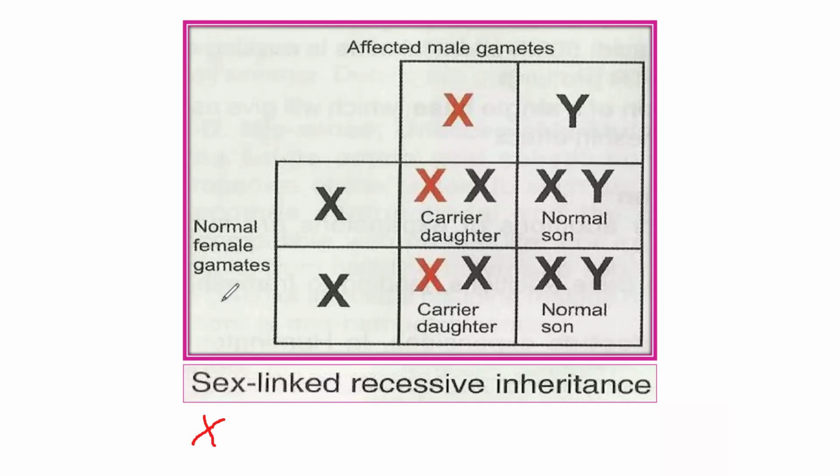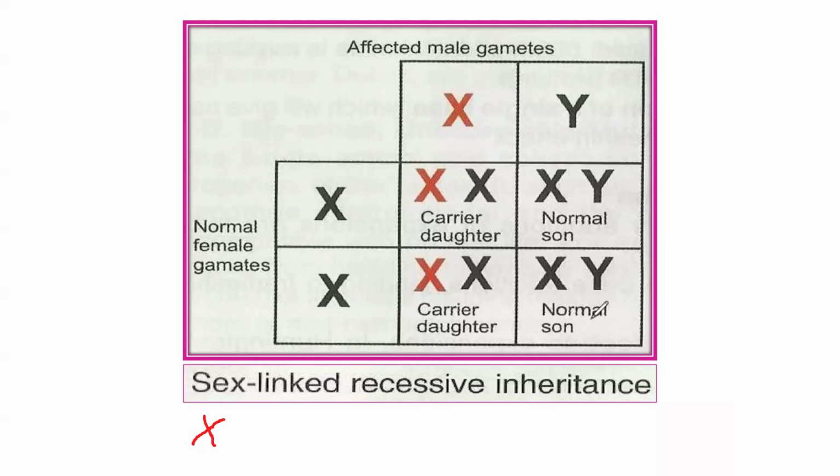So you see, you have X and X. If X and X, you only have a carrier daughter because there is this X. But in the case of, okay, now X crossed with Y, we have XY. So this is a normal son. If this X crosses with the Y here, we also have XY. So it is normal.